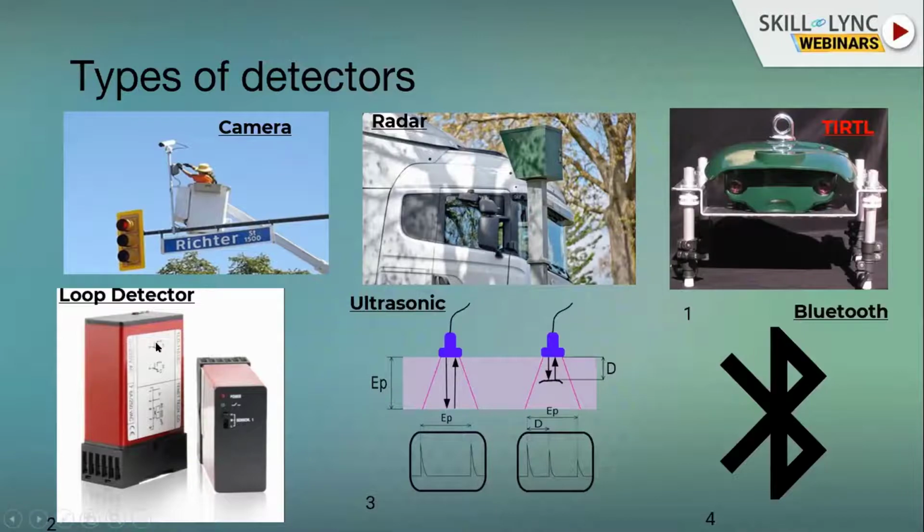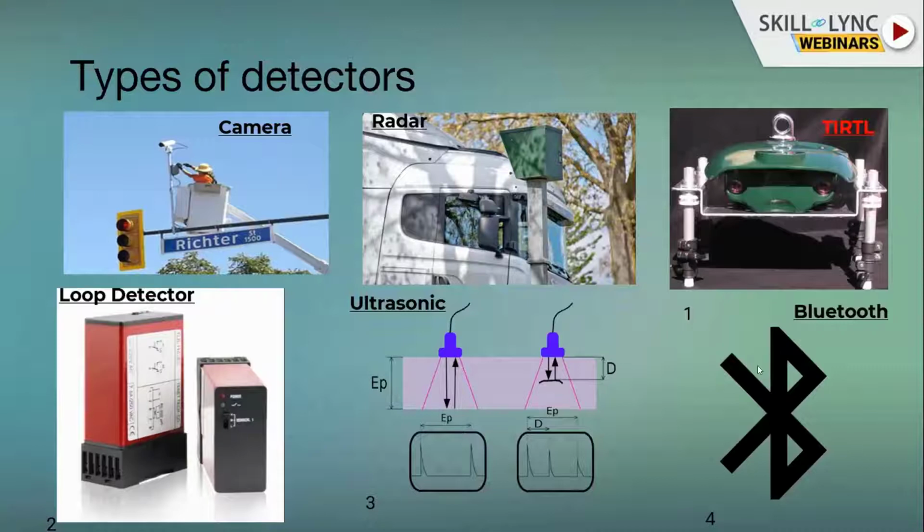And you have loop detectors, which you install inside the road, and once a vehicle passes over the loop detector, a signal gets activated and is sent directly to the controller, which tells it to change the timings of the signal.